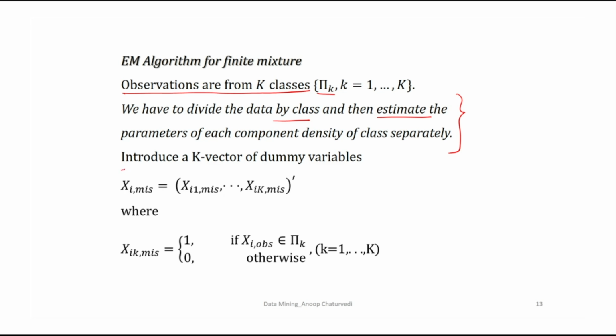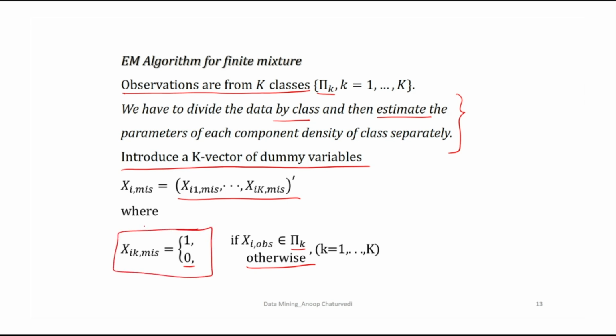Now, suppose we introduce a K-vector of dummy variables, say x_i missing equal to (x_i1 missing, x_i2 missing, and so on, x_iK missing), where x_ik missing takes value 1 if x_i observed belongs to pi k and it takes value 0 otherwise. So, basically your missing observations are these indicator functions taking value 1 if the ith observation belongs to pi k and 0 otherwise.